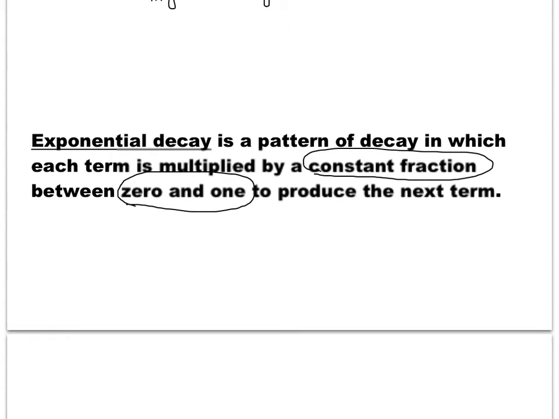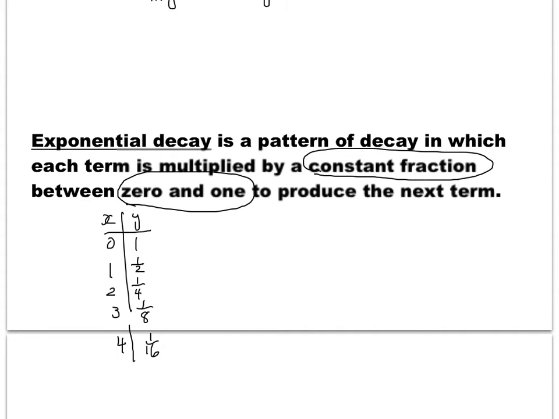As an example, consider a table of values like x, y. When x is 0, y is 1. When x is 1, y is 1/2. When x is 2, y is 1/4. When x is 3, y is 1/8. When x is 4, y is 1/16.